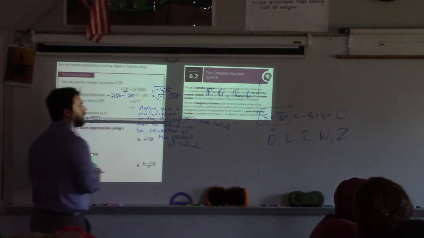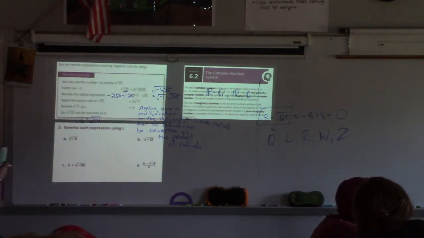That's all we're doing. Anytime there's multiplication in the radicand, then that one radical can be rewritten as the product of radicals.